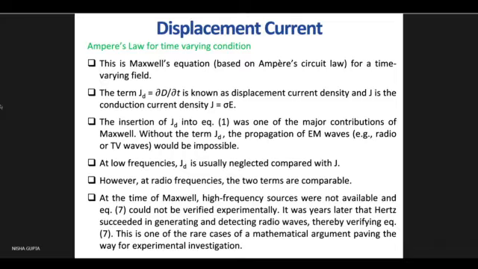Otherwise, in most scientific discoveries, you will see that first the experiment is done, and then based on the experiment, the mathematical theory is derived. But unlike that situation, here we first obtained the concept mathematically, and then the concept was proved experimentally when the high frequency sources were available.